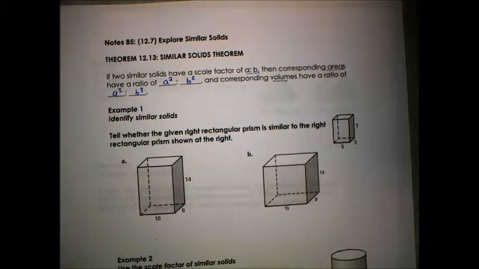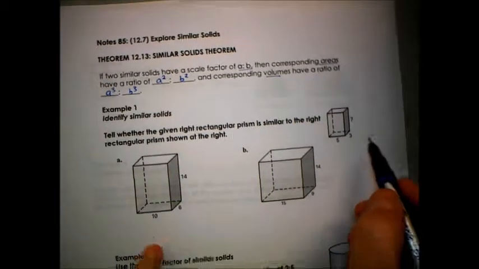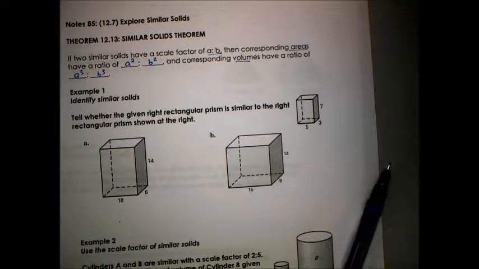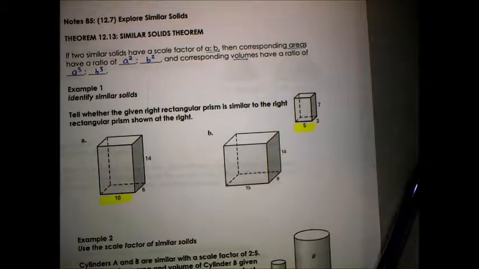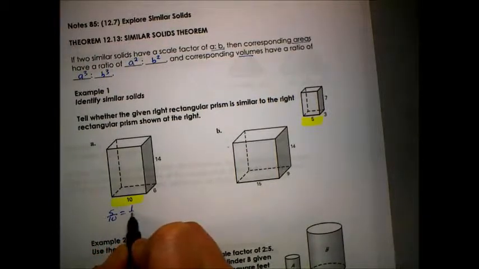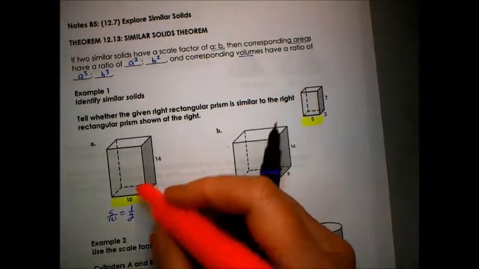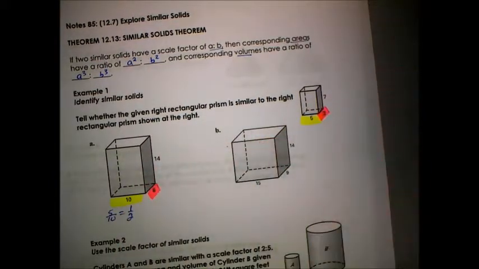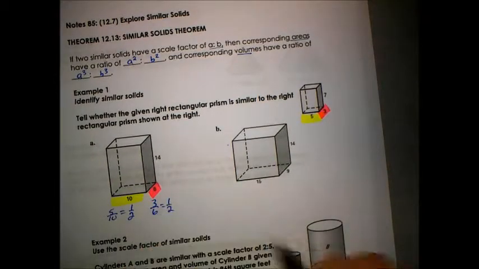So on the first one, it says tell whether the given right triangle is similar to the right triangle. So for A, I'm going to take the 10 and relate it to the 5 by checking the ratio of the sides. So I'm going to do 5 over 10, which reduces to 1/2. Then I'm going to take the 6 with its corresponding side of 3 and do 3 over 6, which also reduces to 1/2.